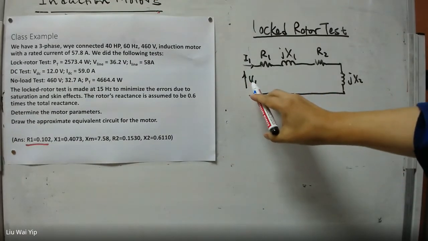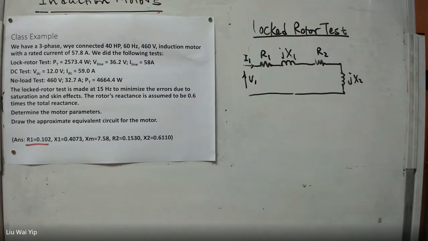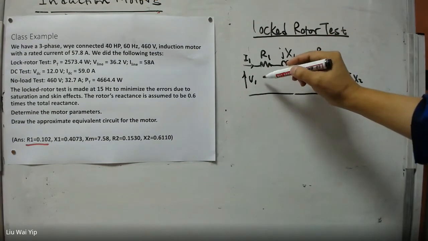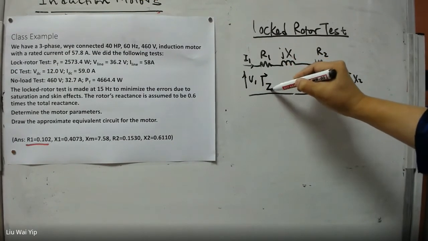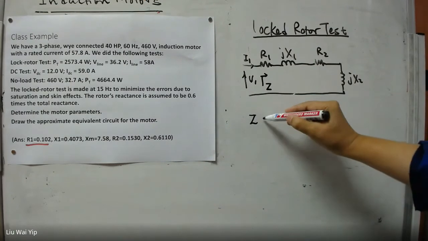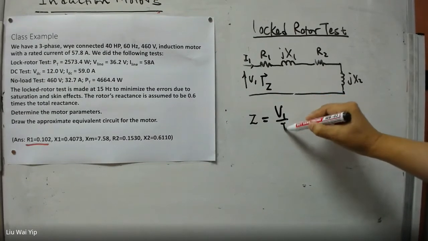We have the magnitude of the phase voltage and the magnitude of I1. So all we need to do is to find out the magnitude of impedance here, and the impedance should be equal to V1 over I1.